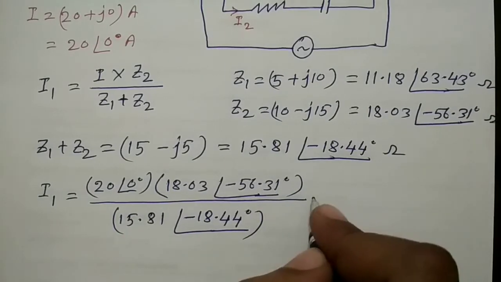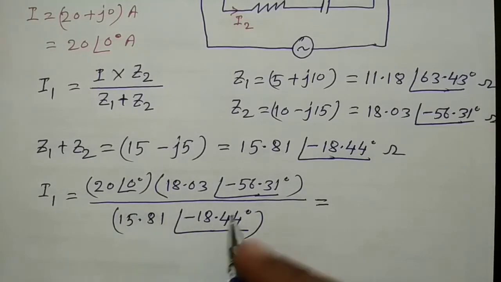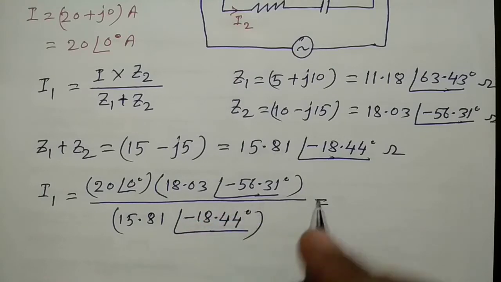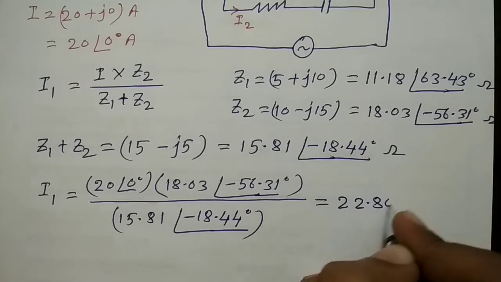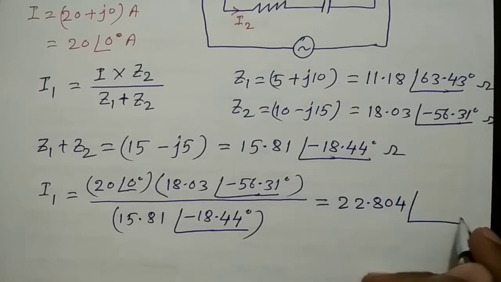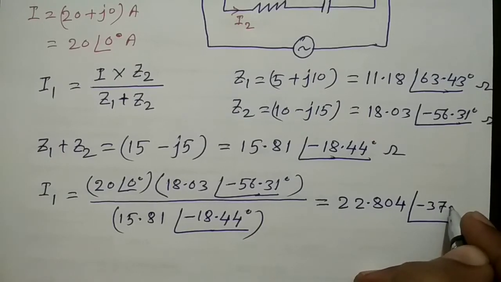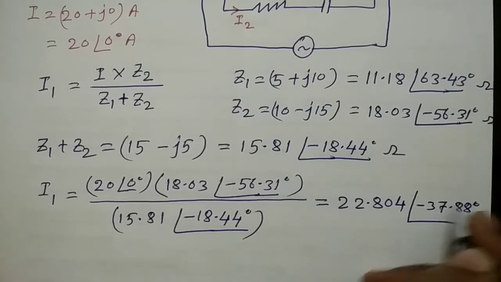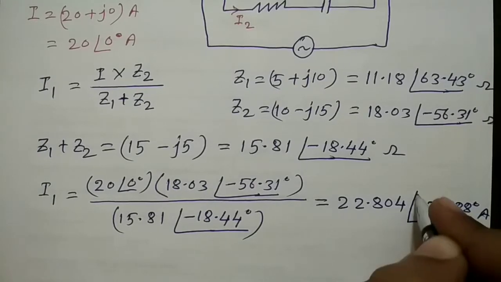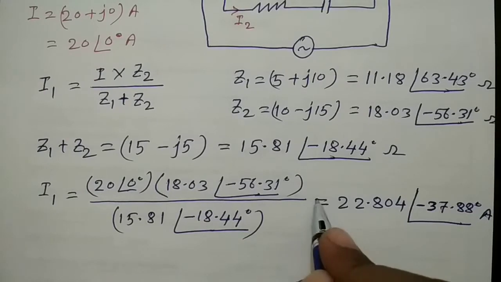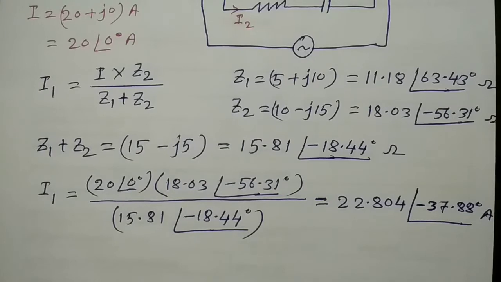After solving, we finally get 22.804 ∠−37.88 degrees. That is the current in the first branch in polar form, where 22.804 is the RMS value of the current.